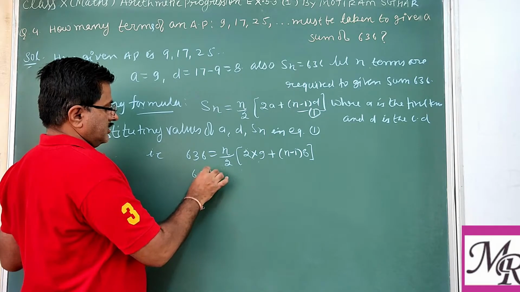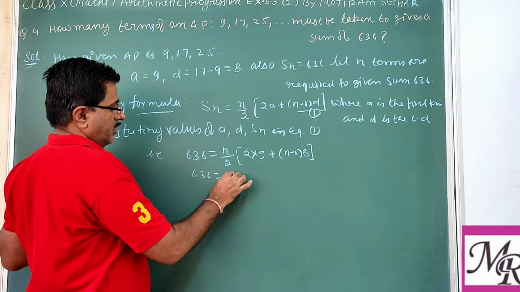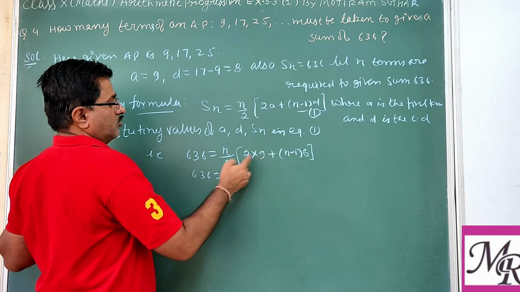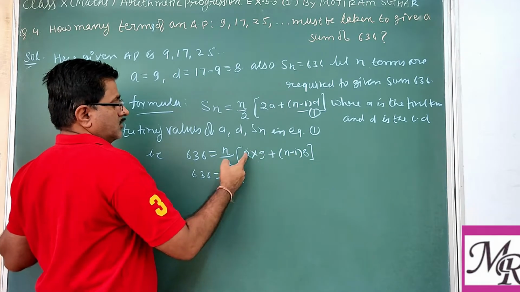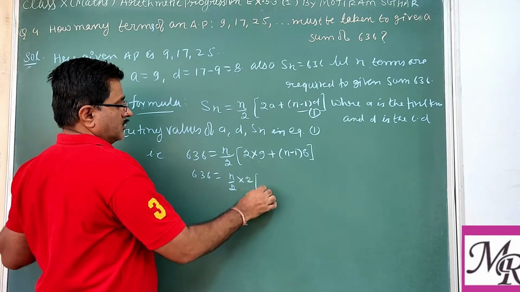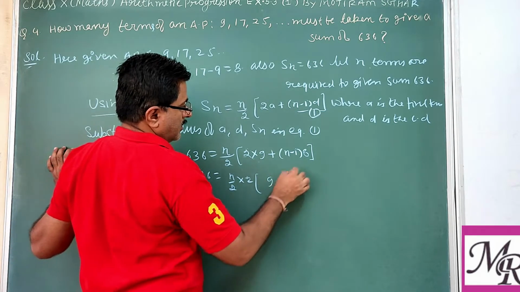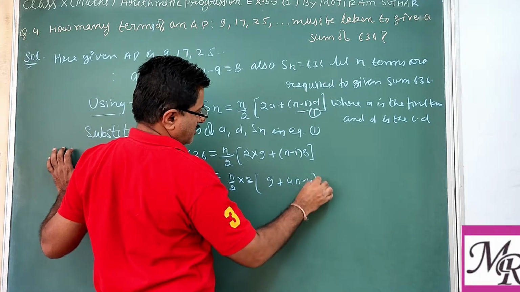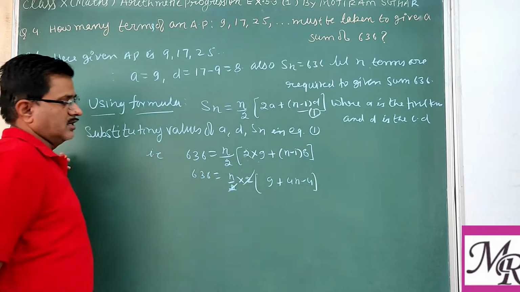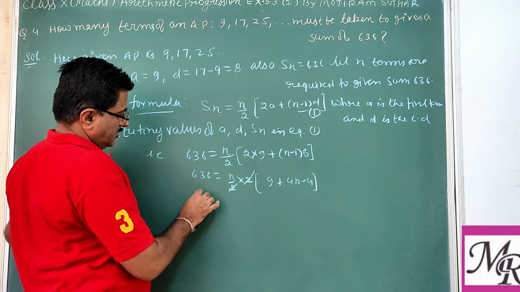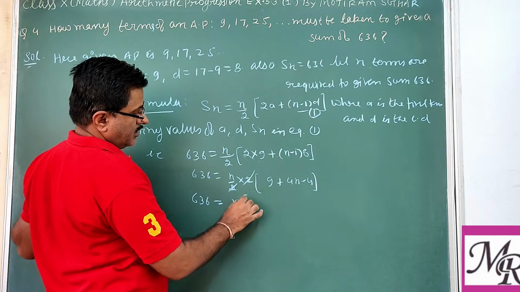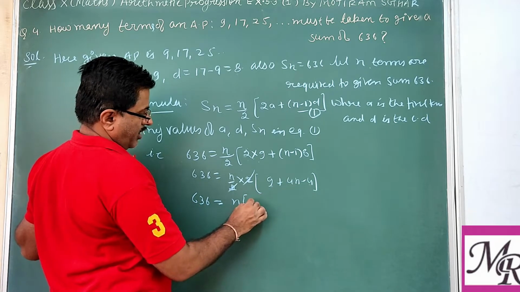So 636 equals n by 2. Here you can take 2 as common in both the terms. So 2 into, here left 9, and here 8 divided by 2 is 4. So 4n minus 4. Now these two cancel out. So 636 equals n into 9 minus 4, which is 5.